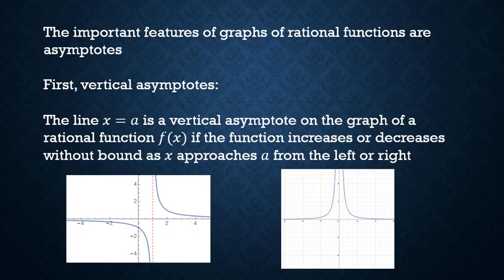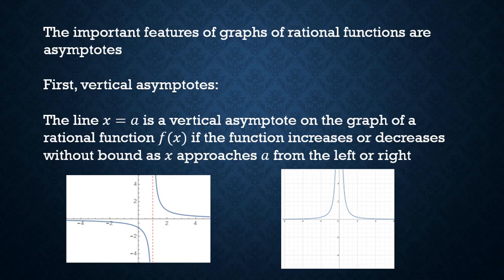The line x equals a is a vertical asymptote on the graph of a rational function f of x if the function increases or decreases without bound as x approaches a from the left or from the right. So again, the function increases or decreases without bound.